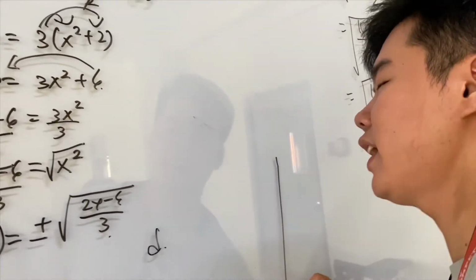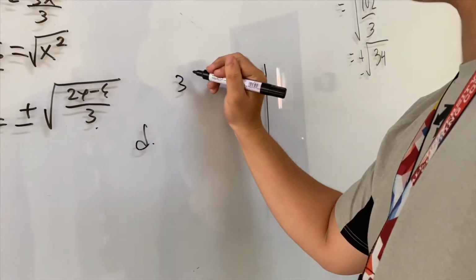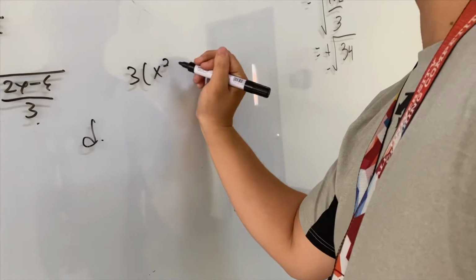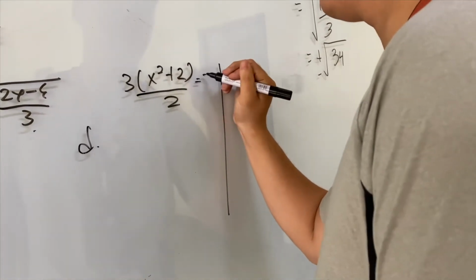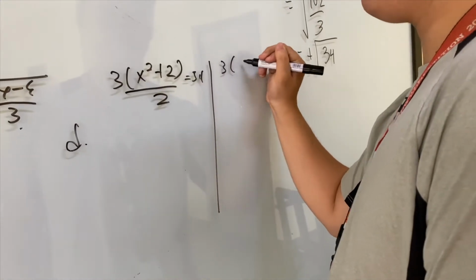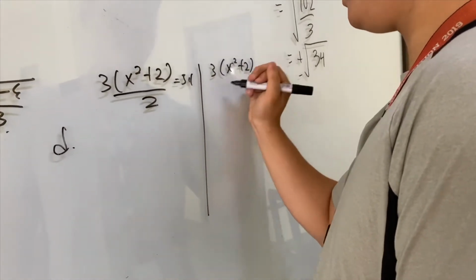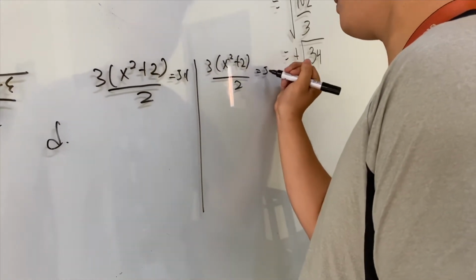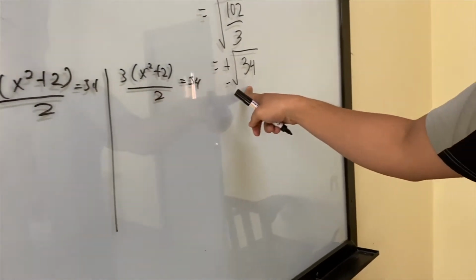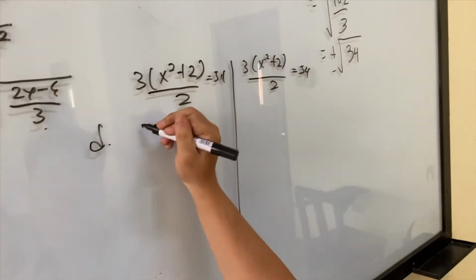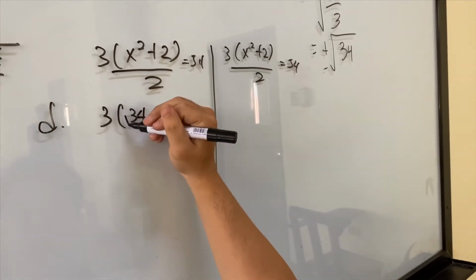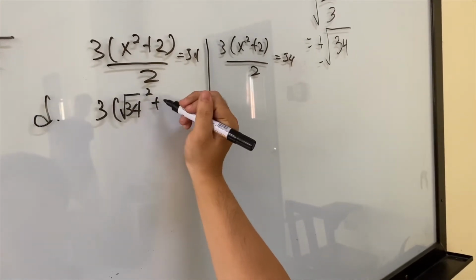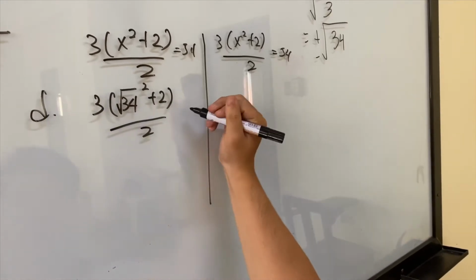So (3x squared + 2)/2 equals 54. Now substitute the x value with the square root of 34. (3 times the square root of 34 squared + 2)/2 must be equal to 54.